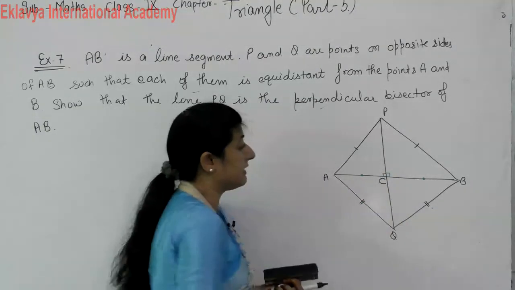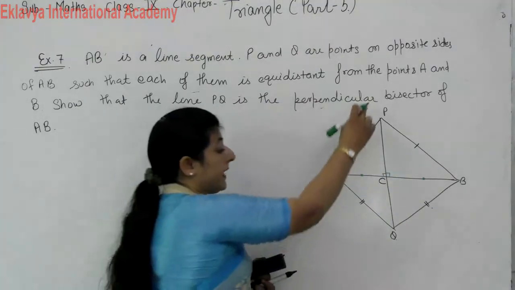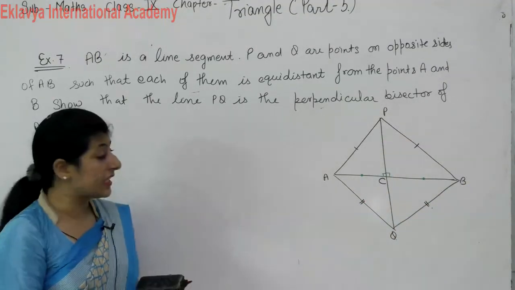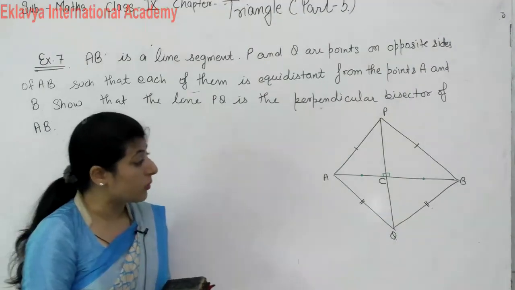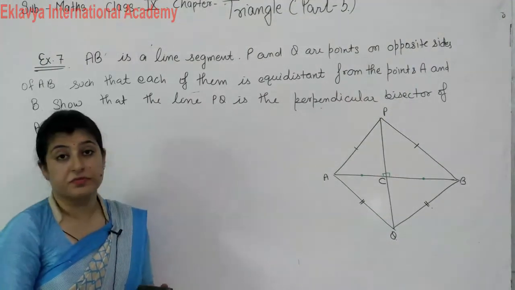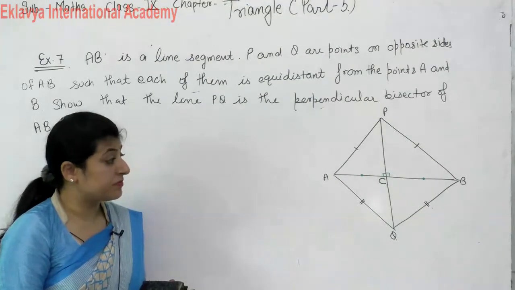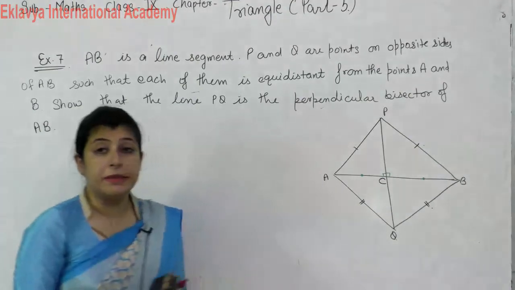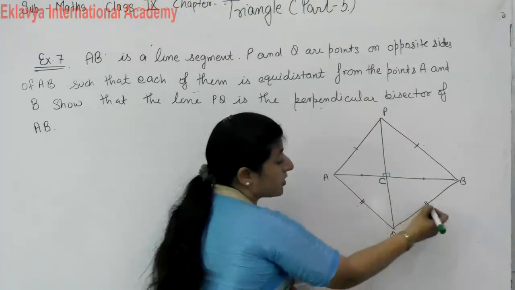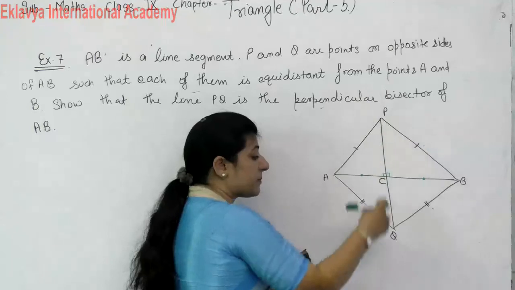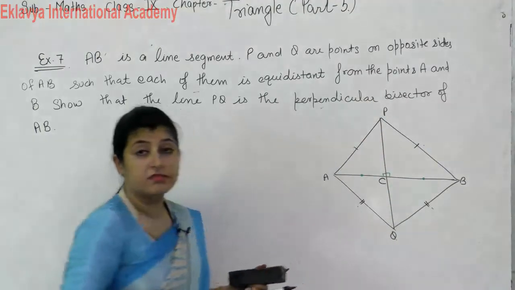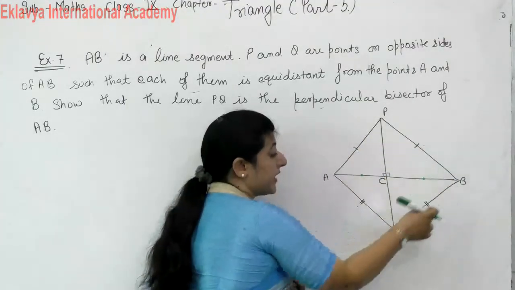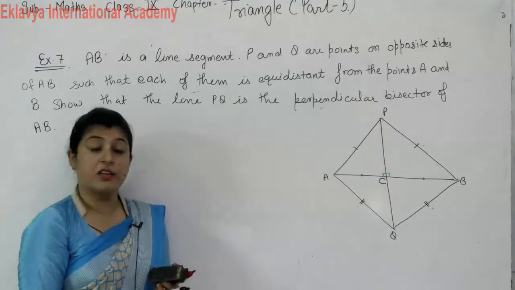Can we prove that PAQ and PBQ are congruent? Yes or no? Check it. It is given to you PA is equal to PB, AQ is equal to QB, and this PQ is common in both triangles. So we can say triangles PAQ and PBQ both are congruent.